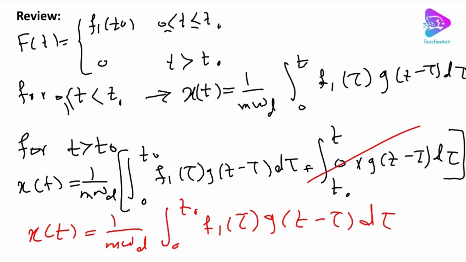That's it. So as you see, we have two different integrals. The first one has one upper bound and the second one is 0 to t naught, and the integration would be easy. Sometimes it's similar; you just have to use a different upper bound for the integration.